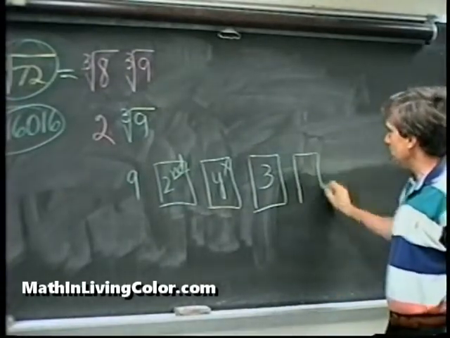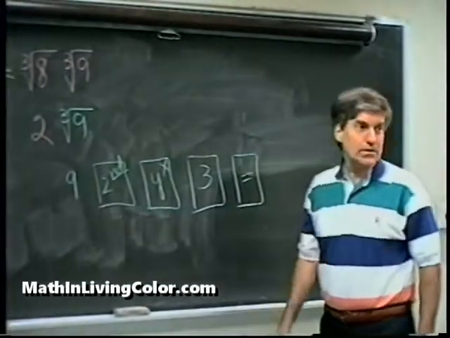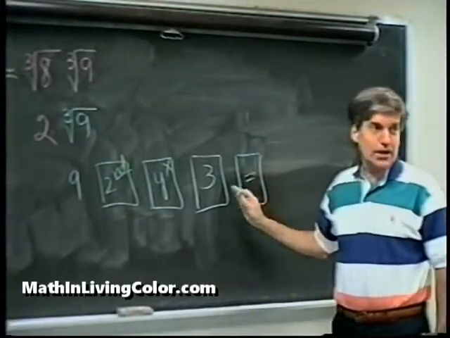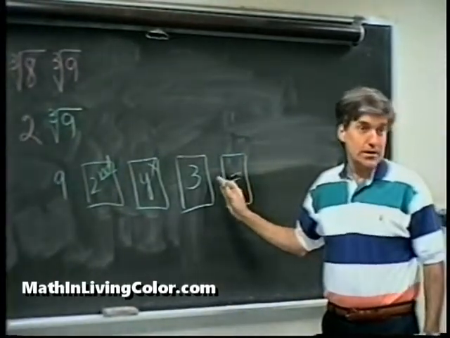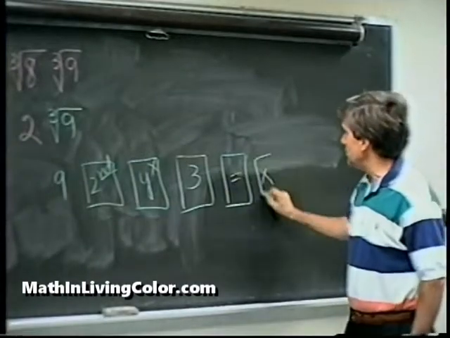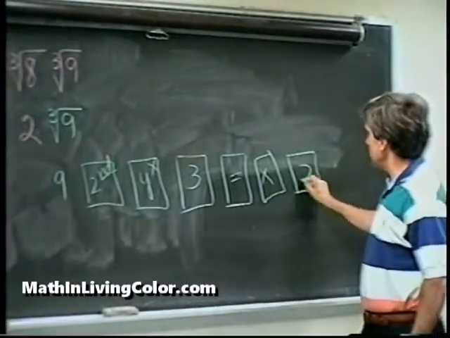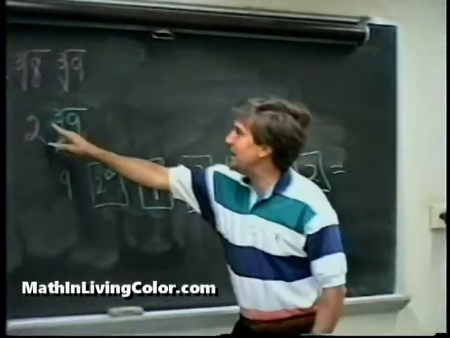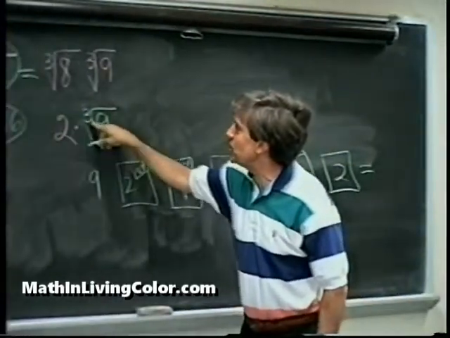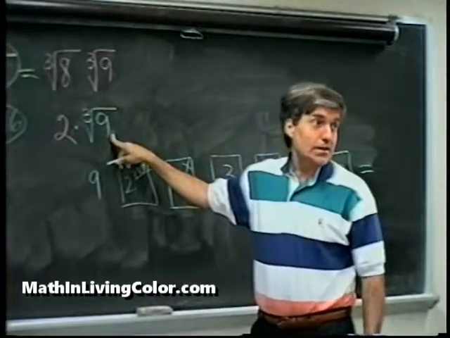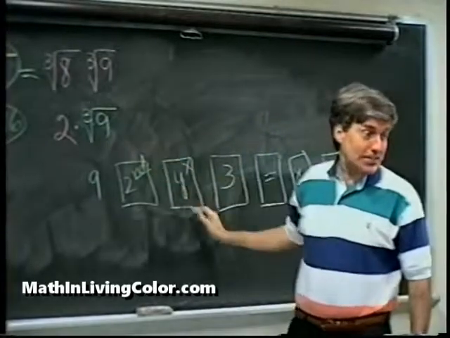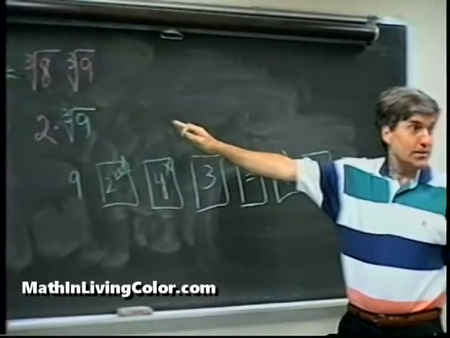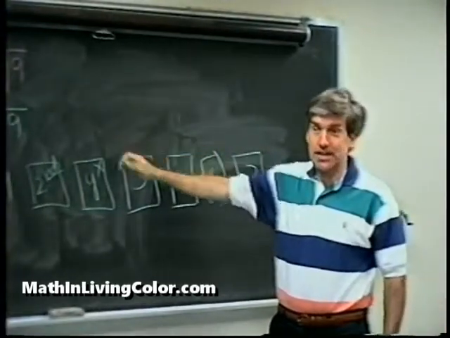And then equals. Okay, now that gives you the cube root of 9, doesn't it? Now do that times 2. Equals. Because I want to take 2 times the cube root of 9. And it comes out exactly the same, doesn't it? Yes.